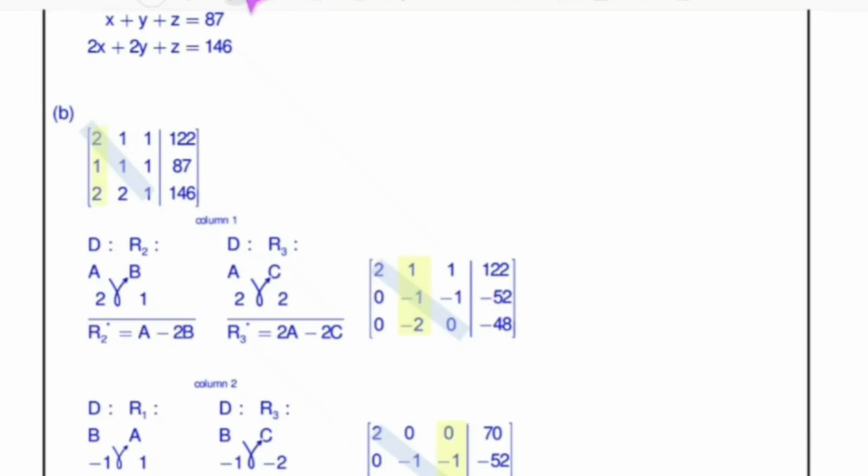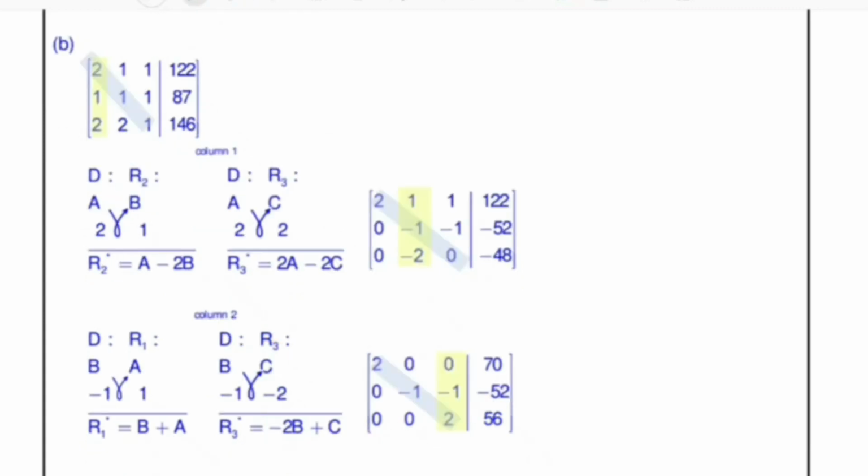Next kita fokus pada row ketiga. Okay, kira satu-satu awak akan dapat lah yang ini. Okay, teruskan kita tengok pada kolom kedua pula. Tengok pada kolom kedua, diagonal yang tengah ni, okay, D, and then row pertama dengan row ketiga yang tak terlibat dengan diagonal. So 1 dengan 3, BA, BC, dan tulis entries dia.